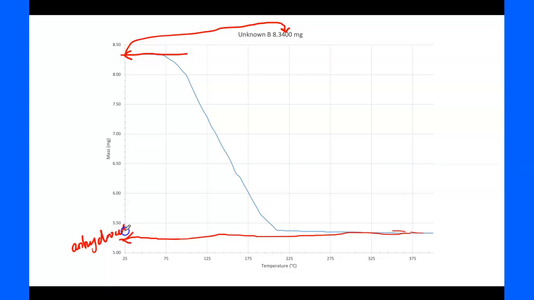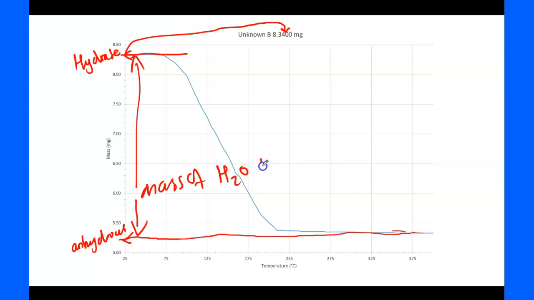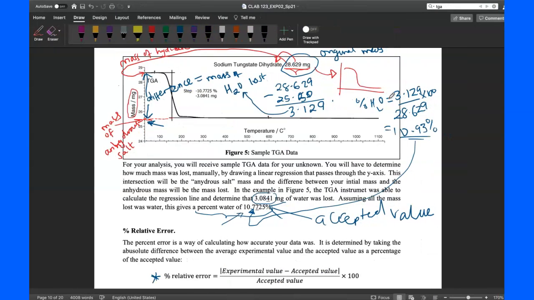After water is lost, this is the mass of the hydrate. Subtract those two, you're going to get the mass of H2O lost. And then using the mass of H2O lost, you can find the percentage of water, which again is what I did here.